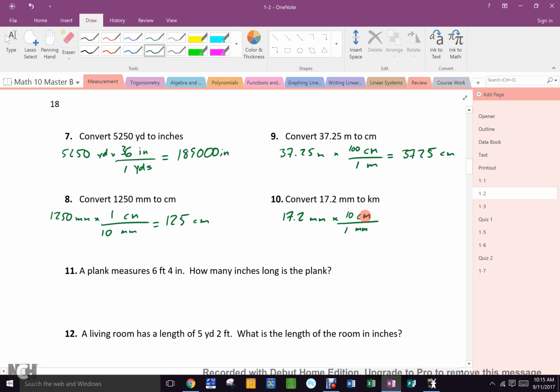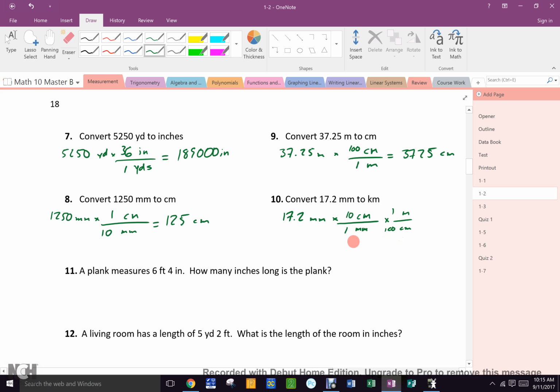But I don't want centimeters, do I? What do I want? Kilometers. Can I go centimeters to kilometers? Can I go centimeters to meters? So could I go meters to centimeters. And that would be 1 and 100, right?